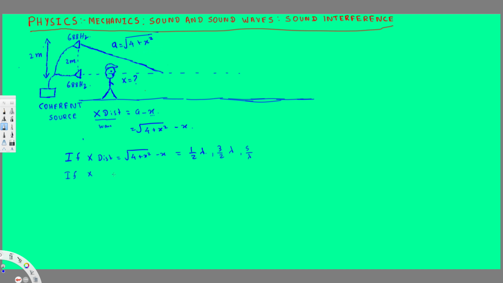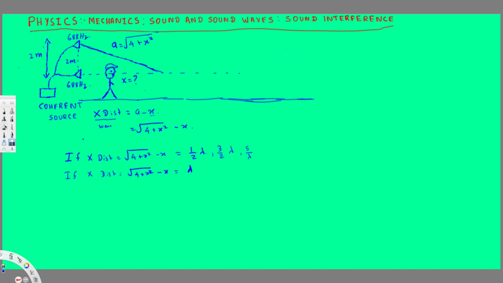Actually, the sound is going to be double at this distance, because we are going to take the situation that square root of 4 plus x square minus x is equal to lambda. Since both waves are interfering, the amplitude is going to be double. When these two waves meet each other and the distance is lambda, it means one wave is going to be exactly on the other, and the amplitude is going to be double, right?